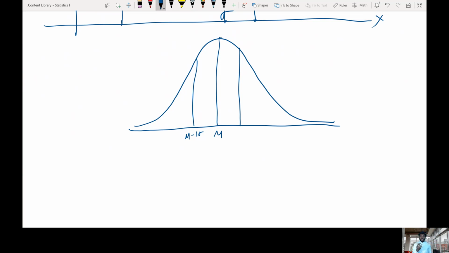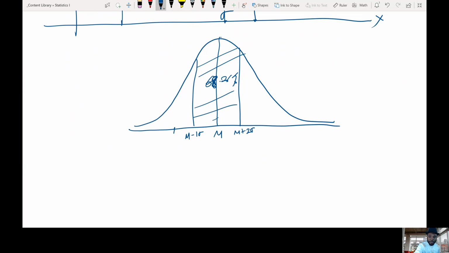We said 68% of our data is within 1 standard deviation from the mean. In this chapter, we are going to know the exact value, because previously we were using an approximation, which we called the empirical rule. When I show you this in Minitab, you're going to have something like 68.26%. So 68.26% of our data is within 1 standard deviation from the mean.